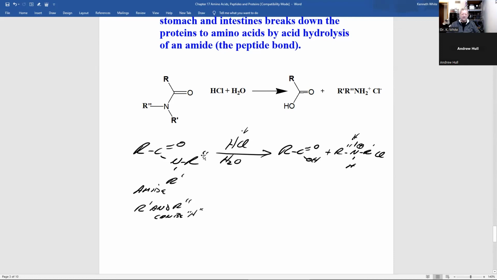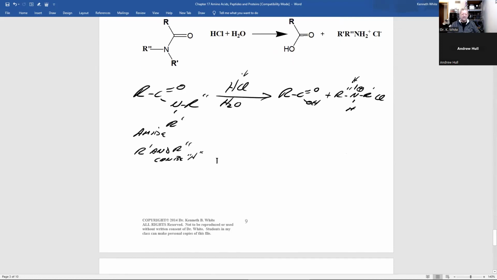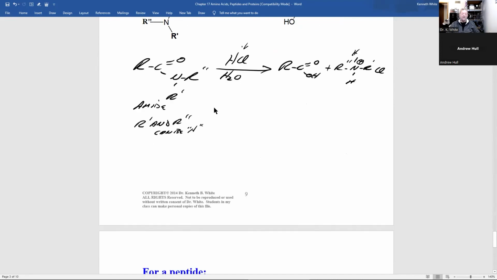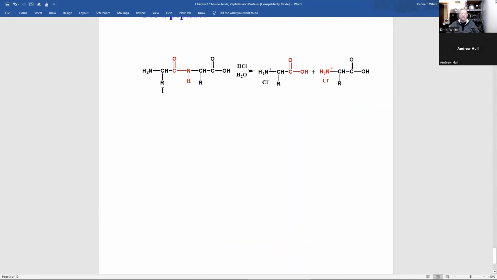So this is a general reaction, how you break down protein, because the bond holding amino acids together is an amide. And here's 2 amino acids. I could have put more. Here's our amide.